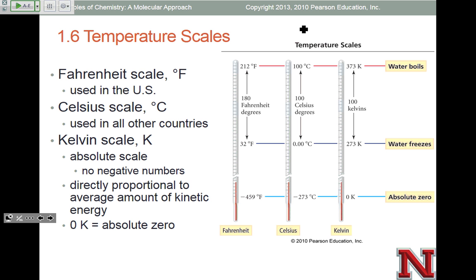Now remember, 0 on the Kelvin scale is absolute 0. So the useful thing about using Kelvin is that we won't get a negative temperature. But if we're using Celsius and Fahrenheit, we can get a negative temperature because, of course, 0 degrees is where water freezes in Celsius and 32 degrees in Fahrenheit.